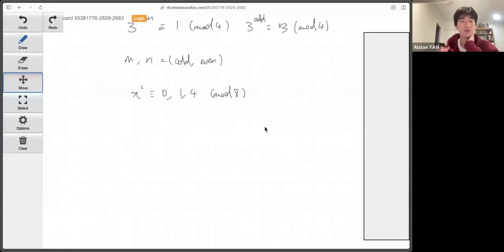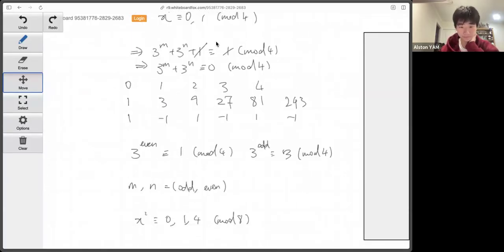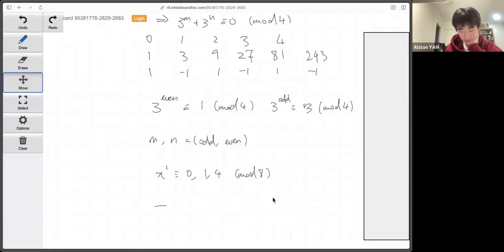And we know that x is always odd. So the only case that x squared can be is 1 mod 8. And that implies 3 to the m plus 3 to the n is actually congruent to 0 mod 8 as well.